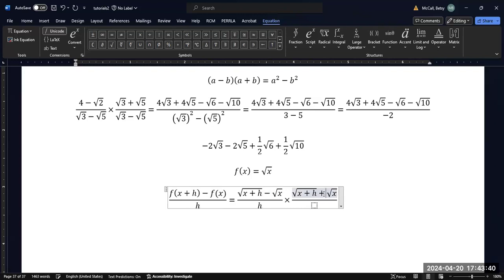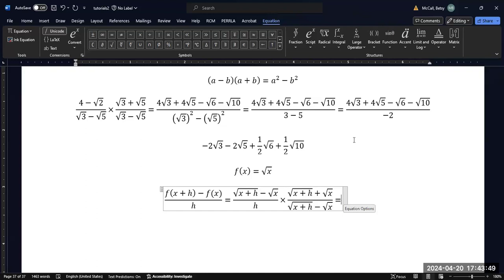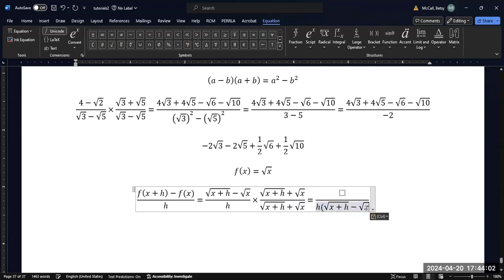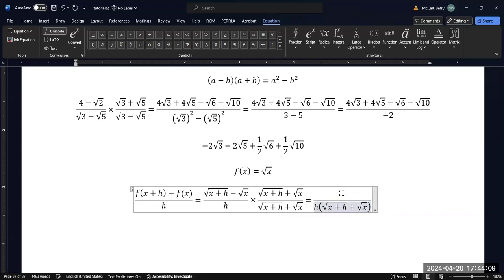Again, basically the same two radicals, but flip the sign between them. Now, in the denominator, it's generally good practice not to distribute anything because you want actually for this square root to cancel. You're trying to get the h to cancel. And if you distribute, you're going to have to unfoil anyway.